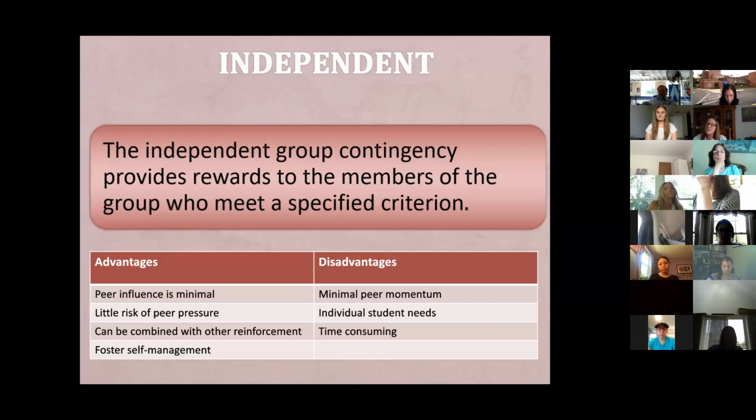So it's just one general expectation that you're putting in place, but it may be unfairly put into place for some of the students that may not be able to accomplish that task, like sitting in their seat for a long period of time. And it can be very time consuming on the teacher or whoever's implementing it because you have to track every single student and not just one individual.